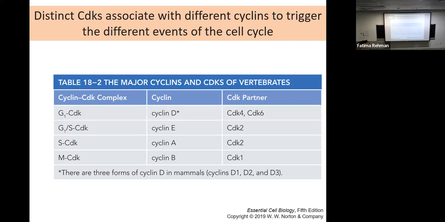You have cyclin D. Cyclin D simply tells the cell it should go into the cell cycle, okay? So cyclin D is produced when the cell shifts from G0 to G1, essentially. So it is called the G1 cyclin, right? But it is not exclusive to G1.